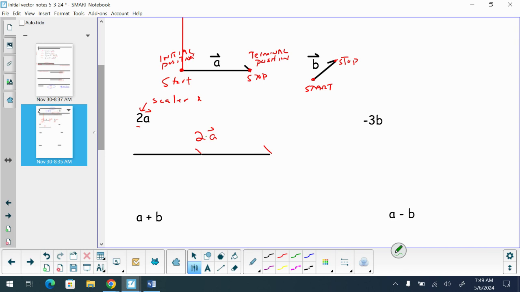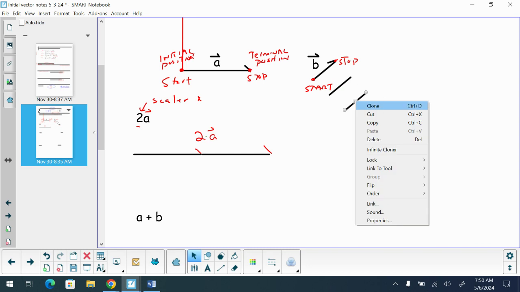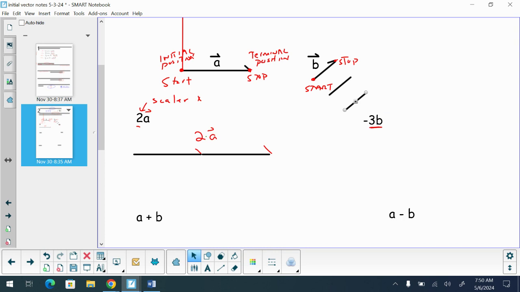If we deal with just 3b, that means we have three of the b's.